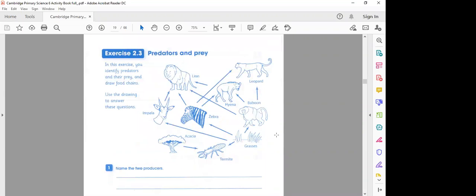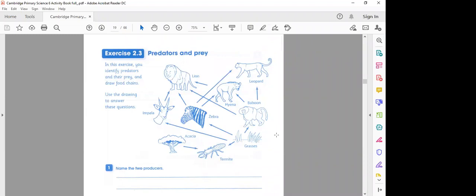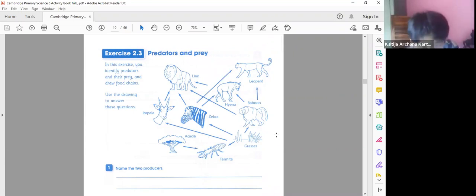Kshitija, tell me the producers. Acacia and grasses.